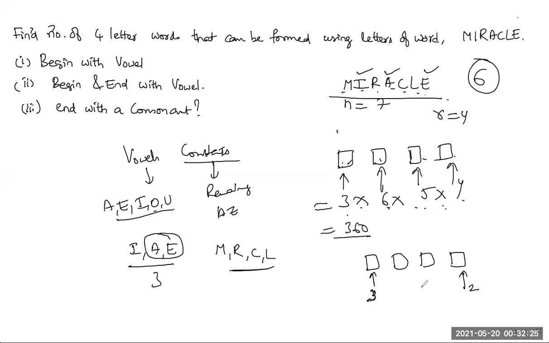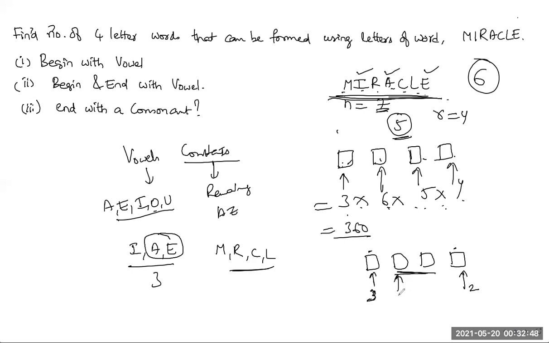Now we have filled the first block and the last letter, so 2 letters are already gone from the given 7 elements. So 5 will be remaining: 1 vowel and 4 consonants to fill the 2 empty blocks.